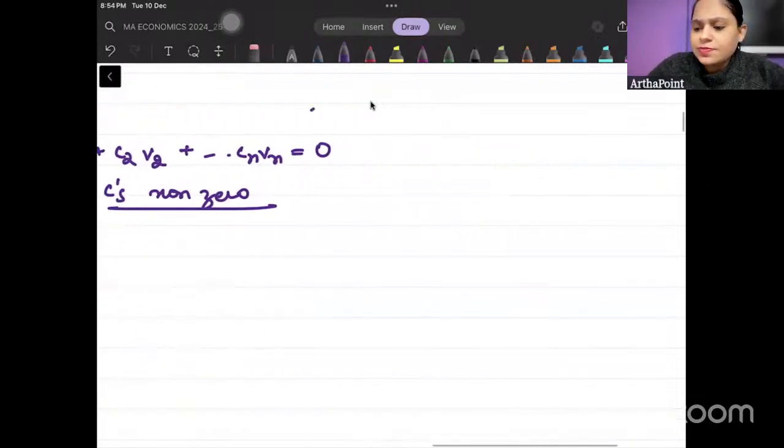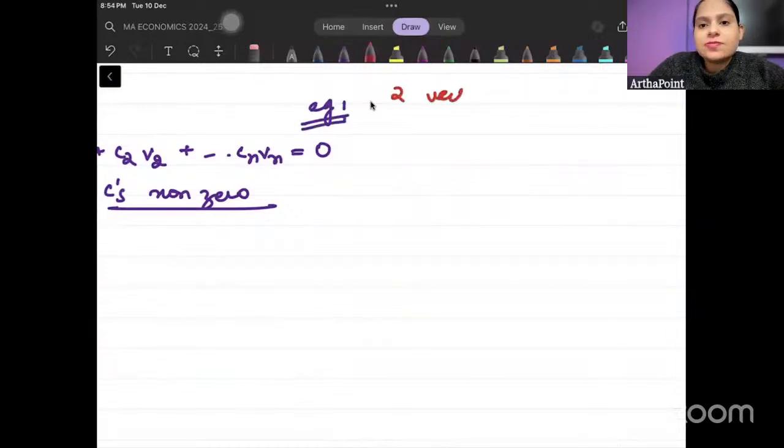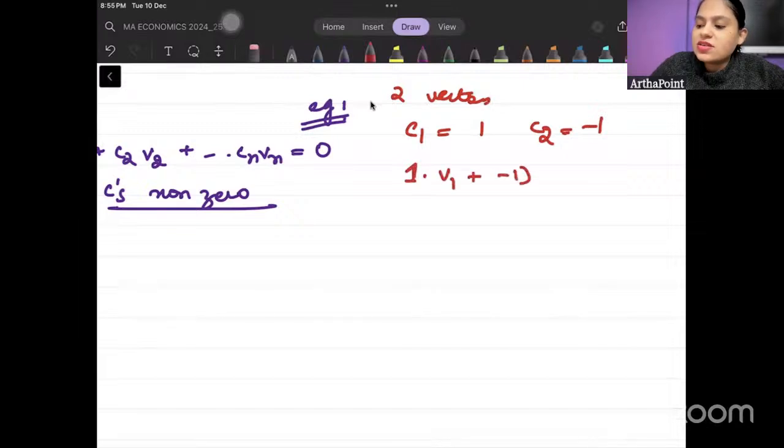For example, a very simple example. Suppose I tell you that there are two vectors. And I tell you C1 is 1 and C2 is minus 1. So what will I get? 1 into V1 plus minus 1 into V2 is equal to 0. That means I will get V1 minus V2 equal to 0. That means V1 equals V2.